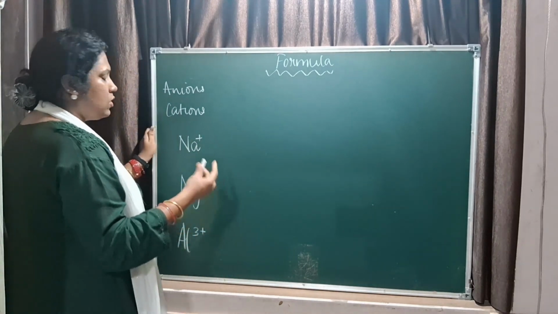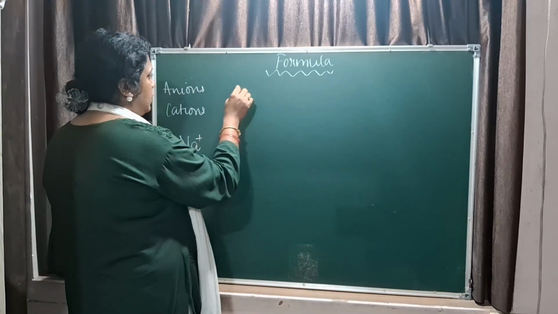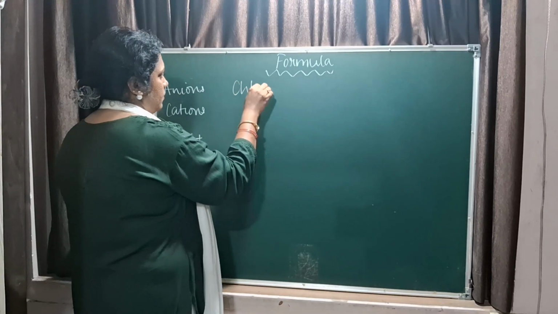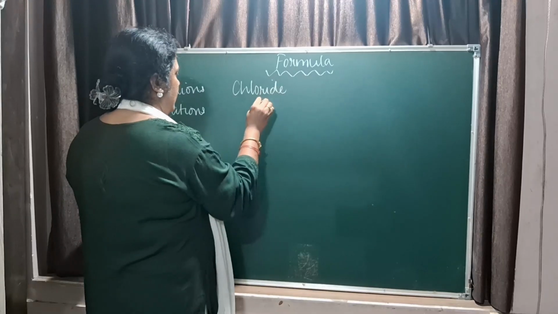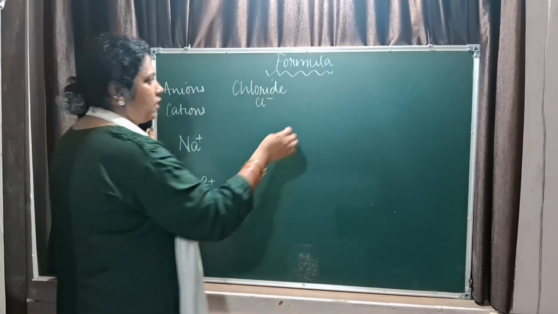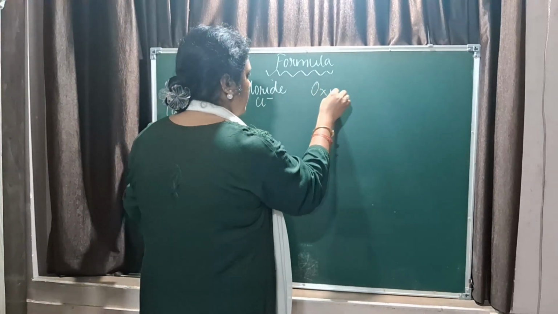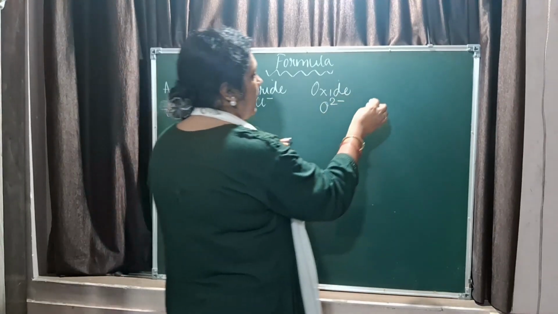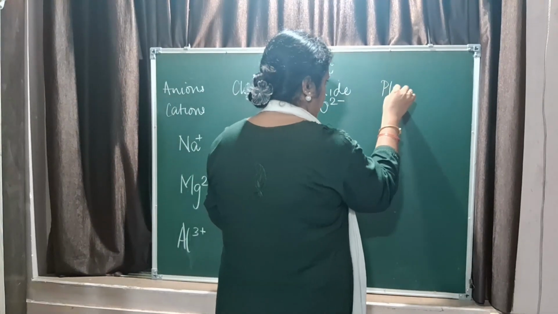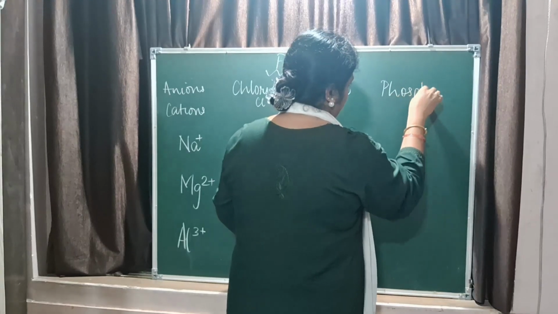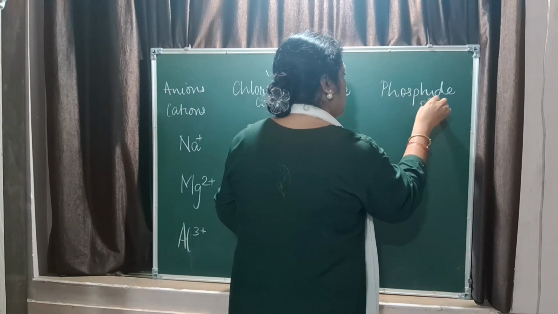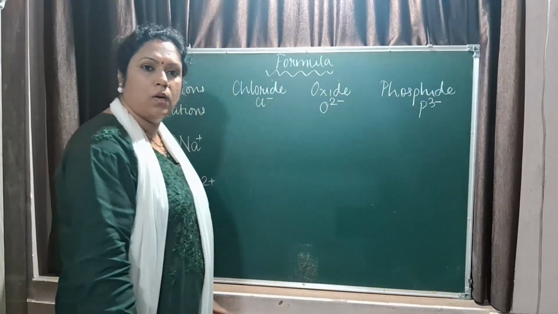Similarly, anions, the first one I can take as chloride, that is Cl minus, oxide, that is O2 minus, and phosphide, that is P3 minus. Okay.